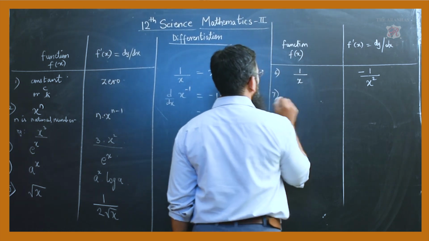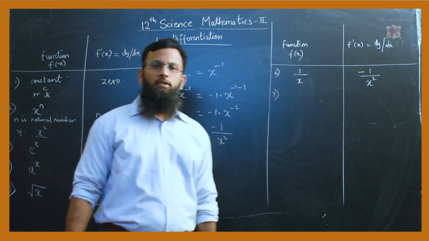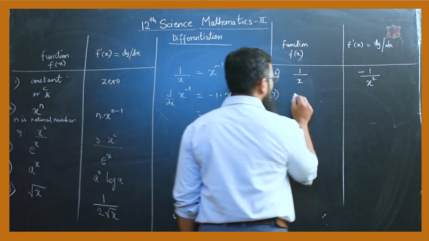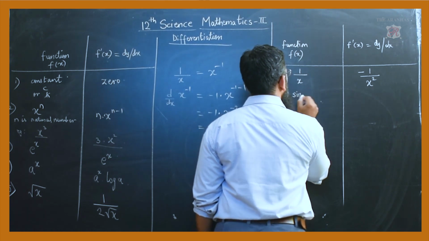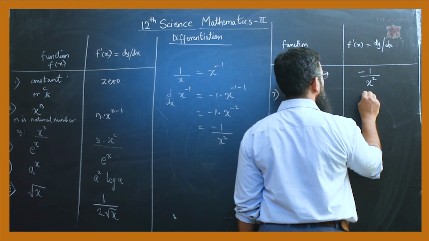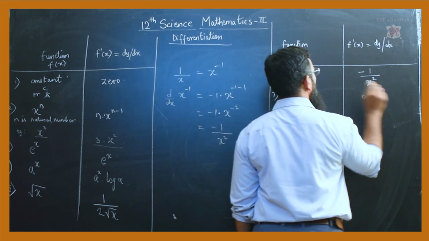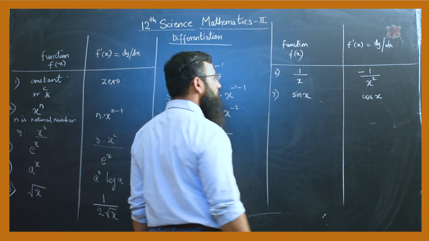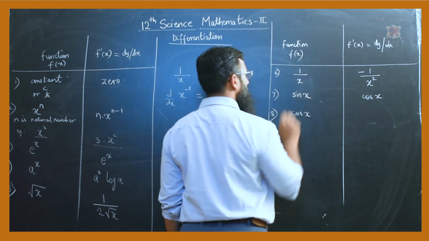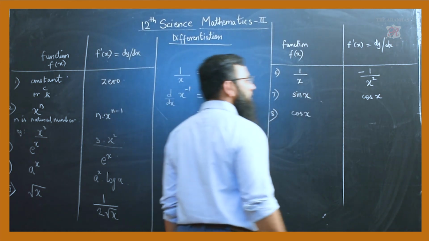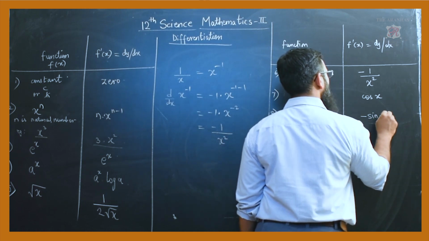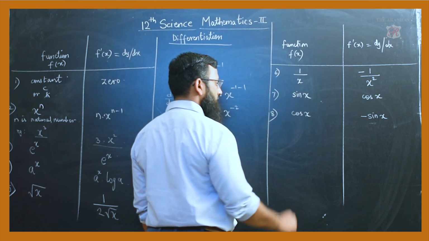Then after this we have a continuous list of trigonometric functions. Let us see sin x. The derivative of this by first principle method, you will get cos x. After that you have cos x, so its derivative will be minus of sin x.